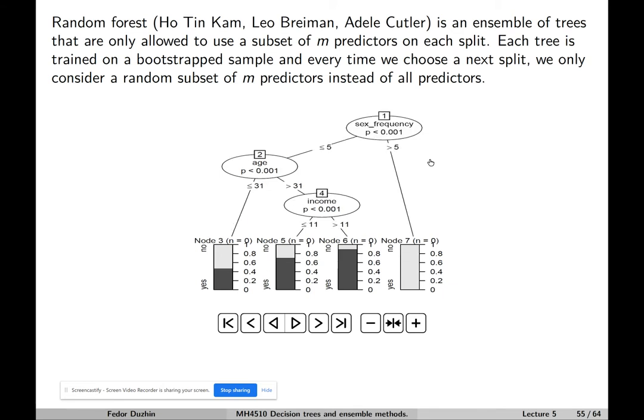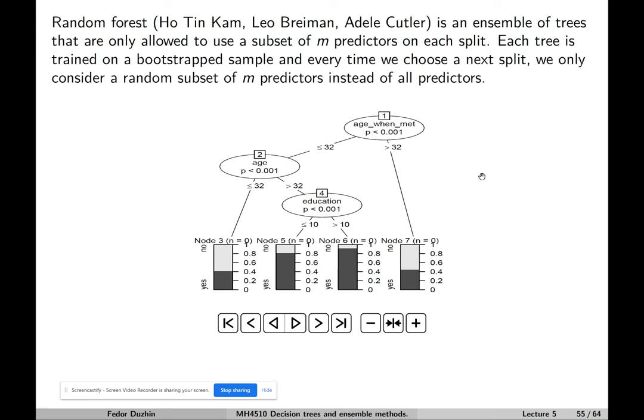And this is the third tree, and it uses age when met as the first split. And here, sex frequency does not even appear. It means that just by pure chance, when we constructed these 3 splits for this tree, every time we picked a random subset of all the predictors, we just did not select the sex frequency, right?